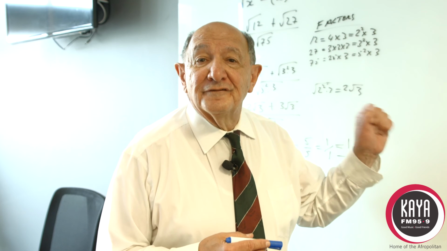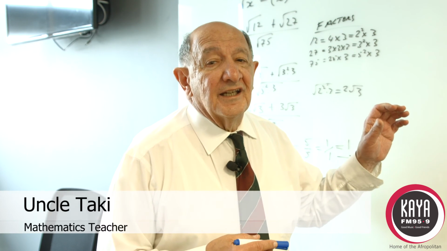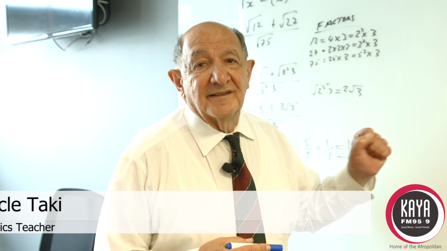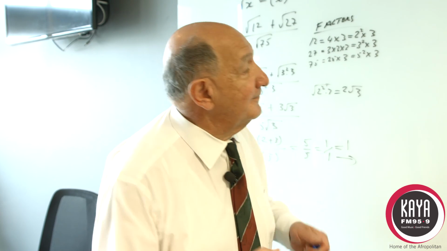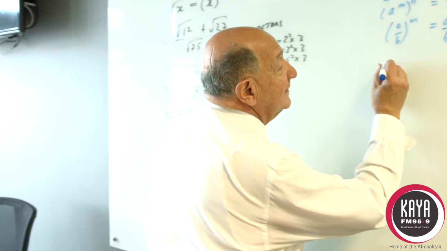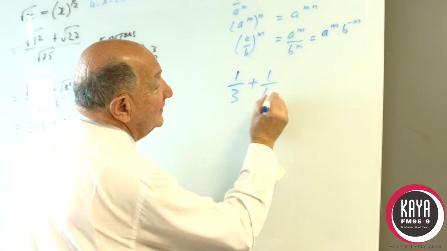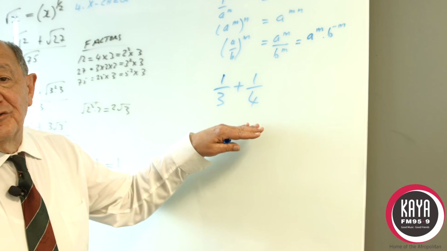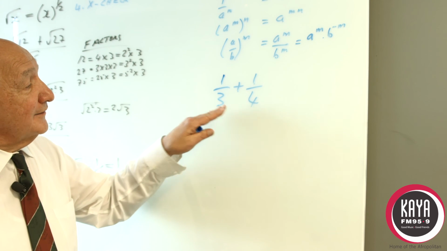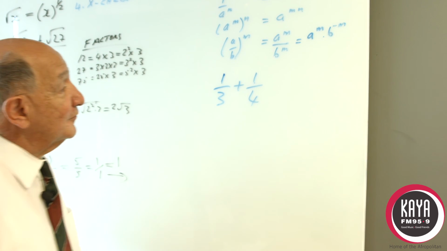I'm going to give you a Funda Tanda moment, showing you how to add some simple fractions. So if we have to add 1/3 plus 1/4, we've been taught to find the common denominator, which is 3 times 4.